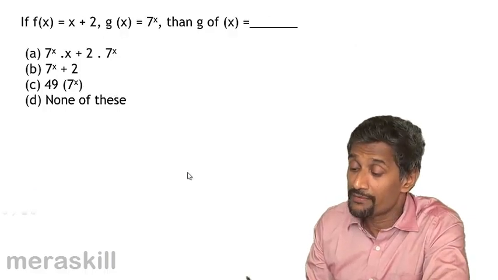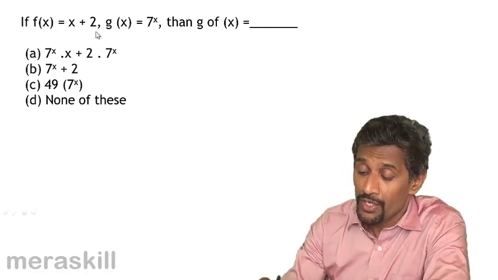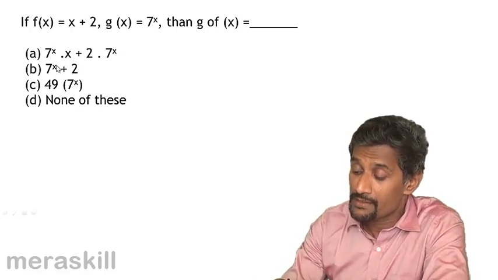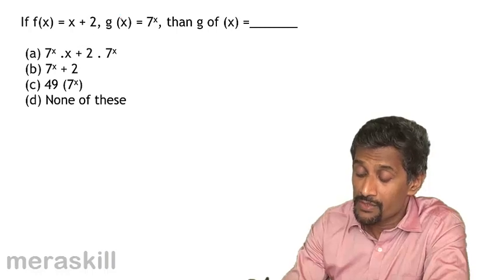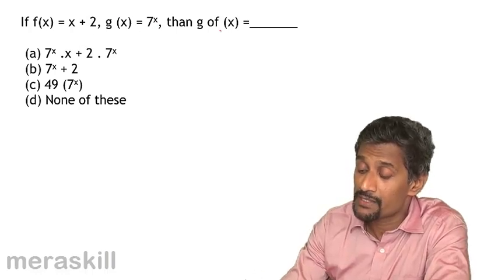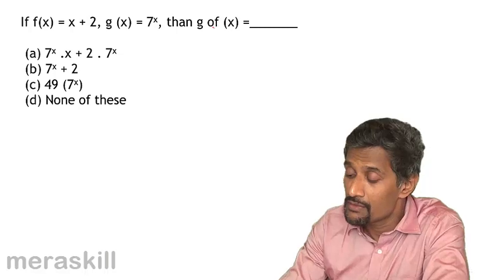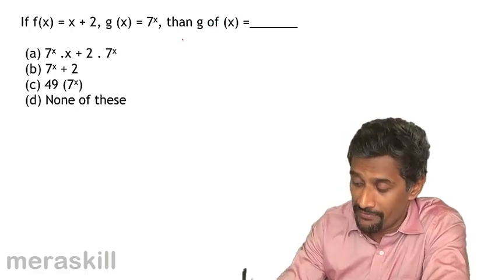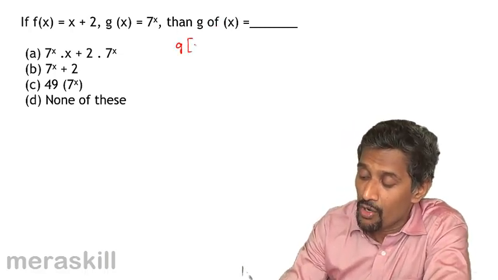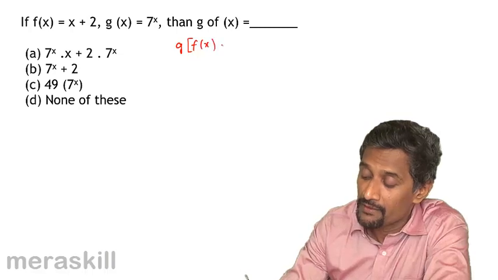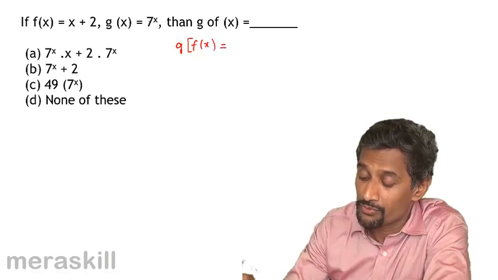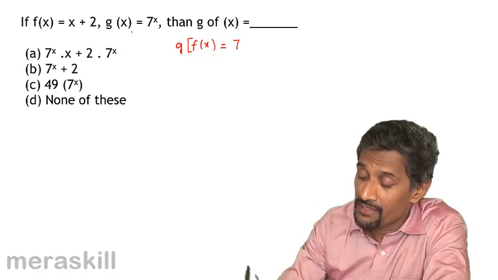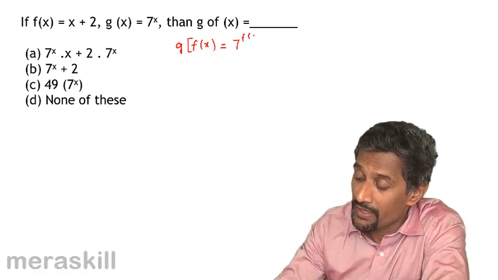Furthermore, we have this kind of a situation. f of x is x plus 2, g of x is 7 raised to x, then we need g of f of x. That means the basic function is going to be this, and instead of x you're going to put f of x.